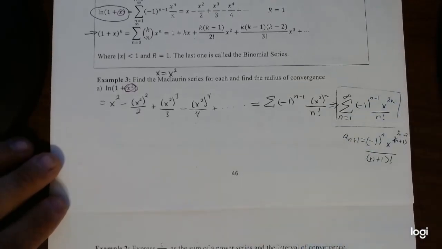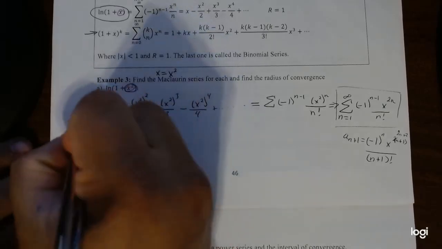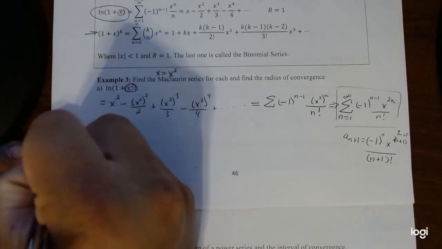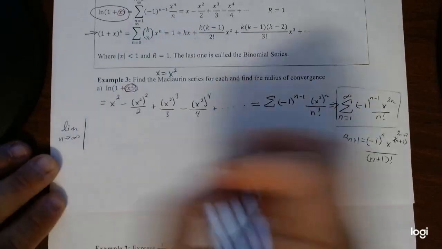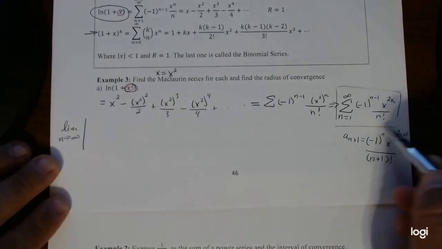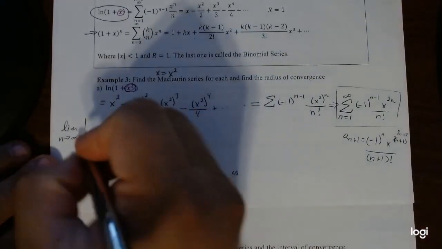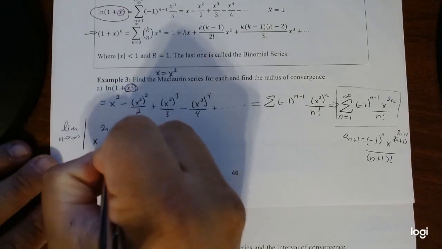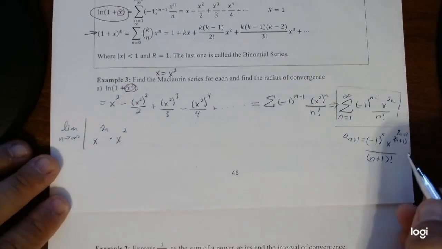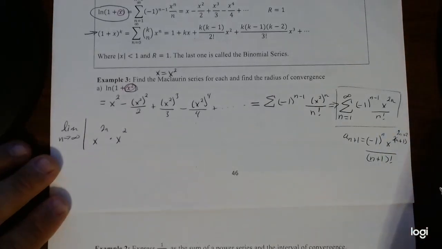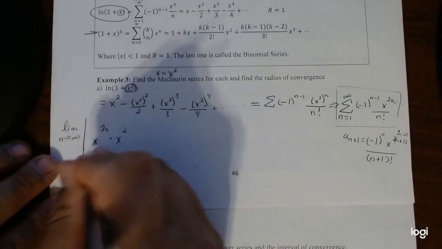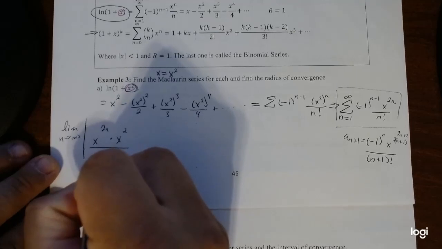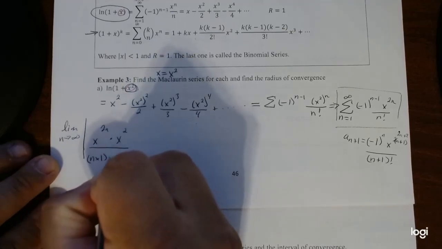Again, that's going to be a little important right now. Okay, so this is going to take the limit as n goes to infinity of this whole thing. Again, this doesn't matter because it's absolute value. So again, this is going to be n to the 2n times x squared, right? This is plus 2, divided by n plus 1 times n factorial.